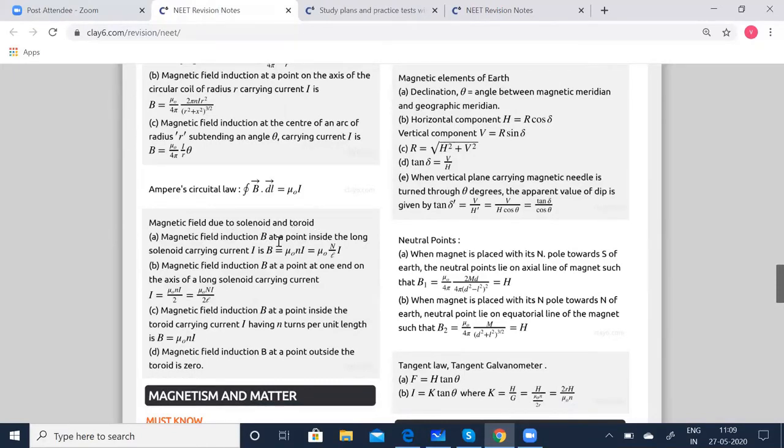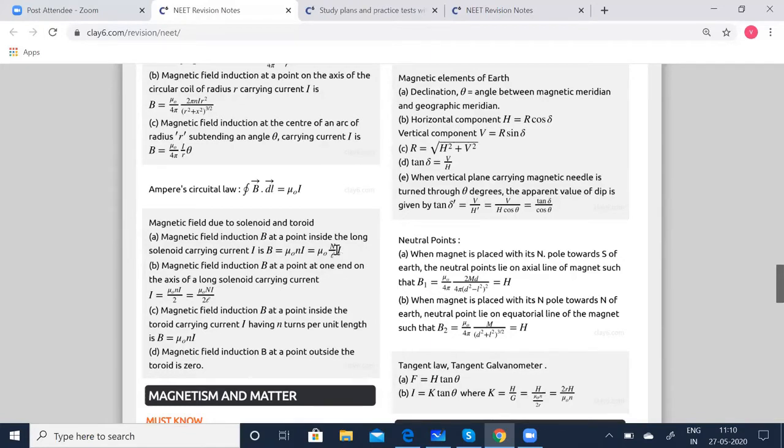Magnetic field due to solenoid and toroid. Again, this is a very important concept, children. Magnetic field induction B at a point inside a long solenoid carrying current I is B is equal to mu 0 n I, where n is the turn density.